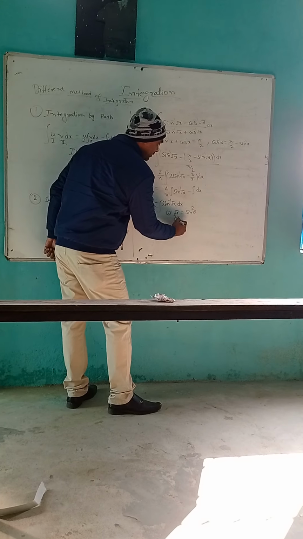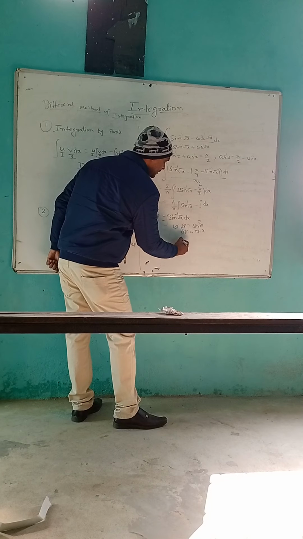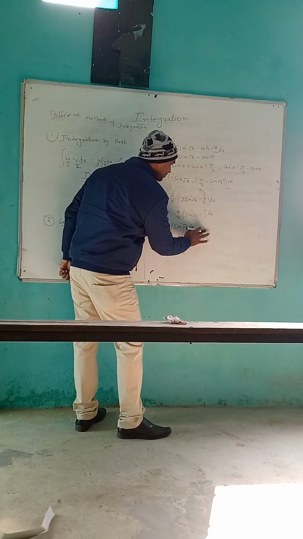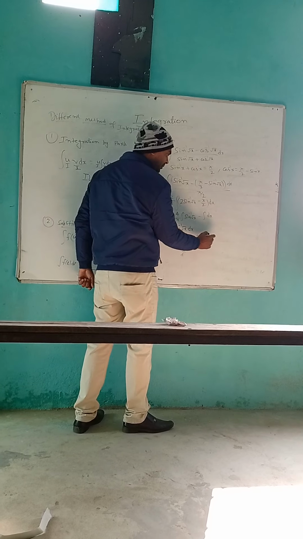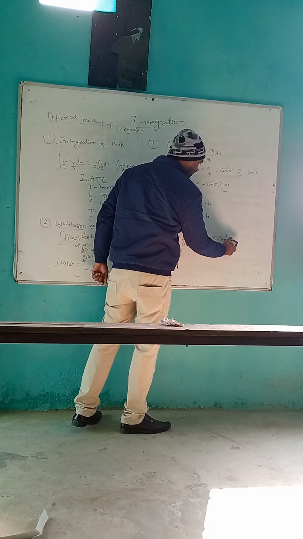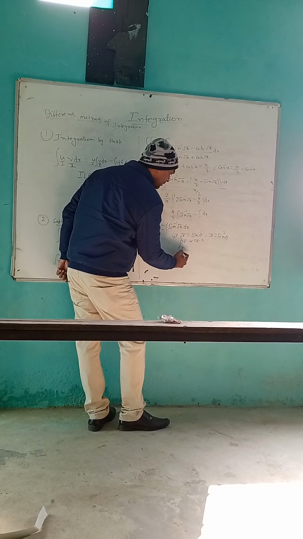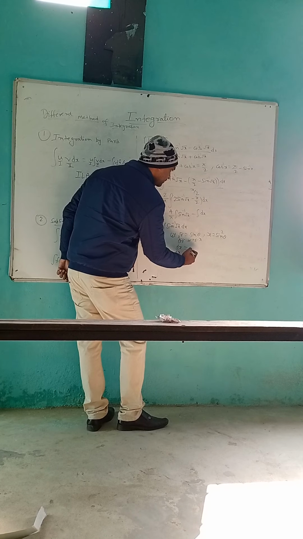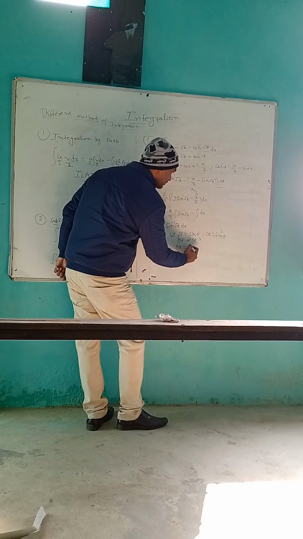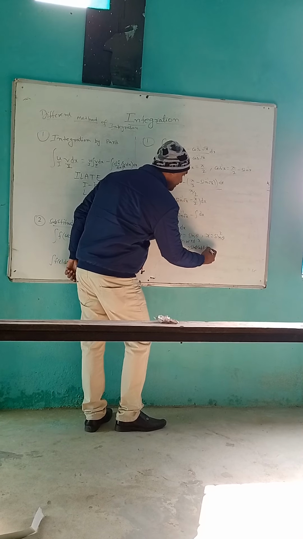So differentiate with respect to x. Suppose root x equal to sin theta, so x equal to sin square theta. So we can write dx equal to 2 sin theta into cos theta d theta.